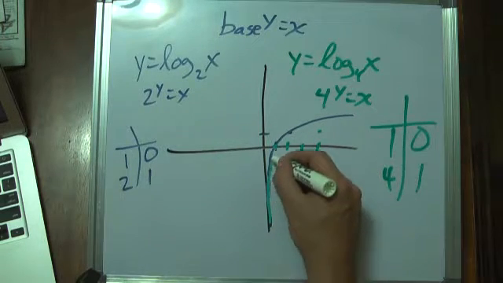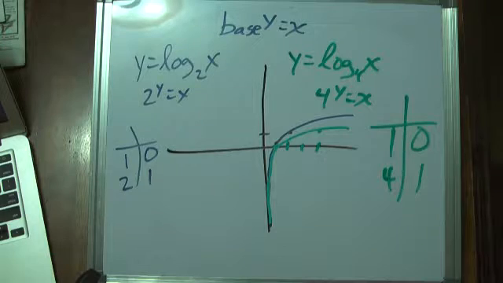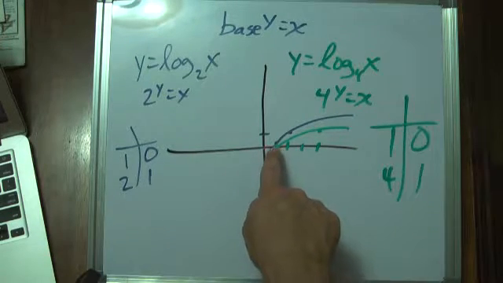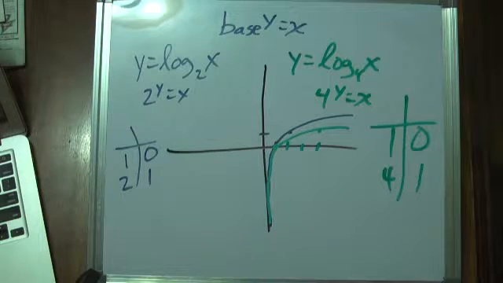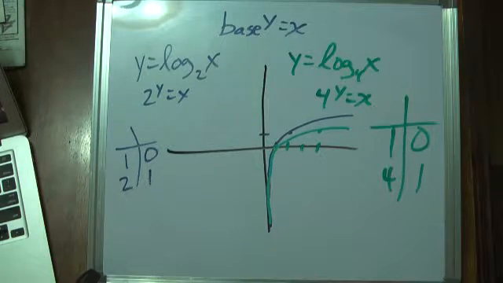That gives it a look of about like that. Which conclusion is incorrect? The x-intercept of each graph is 0. That's incorrect. The x-intercept of the graphs is 1. So that's the one that's incorrect.